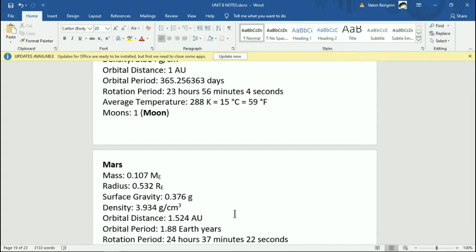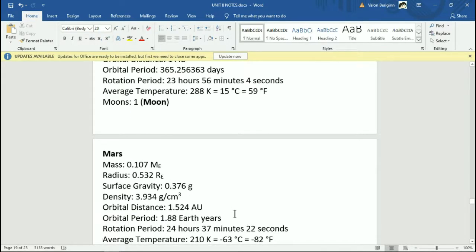So, yeah. Average temperature, pretty cold. Negative 82 Fahrenheit. It's not exactly the nicest temperature. That said, there is a good amount of range, and part of the reason is that the atmosphere is very thin. I think it's like 1% of the Earth's atmospheric density. Because the atmosphere is very thin, it doesn't spread out the heat very well.